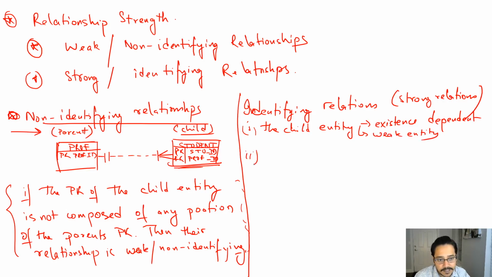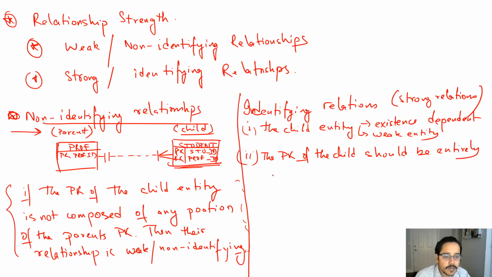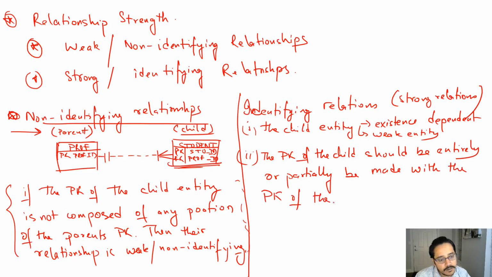And the second thing that needs to be satisfied is that the primary key of the child should be entirely or partially made or designed with the primary key of the parent.